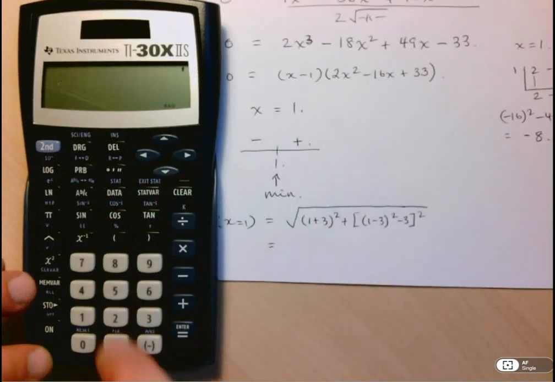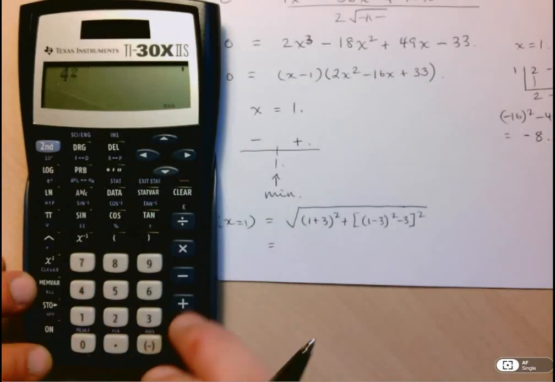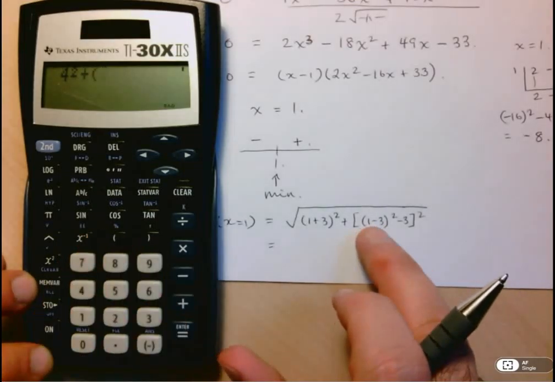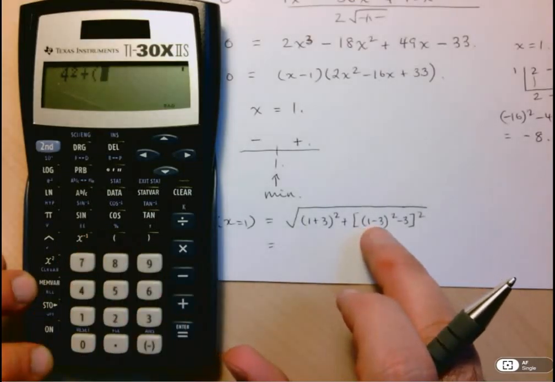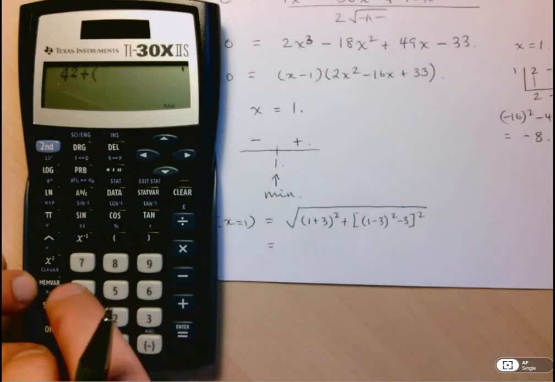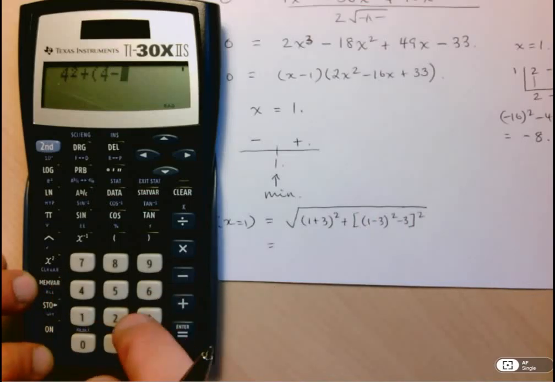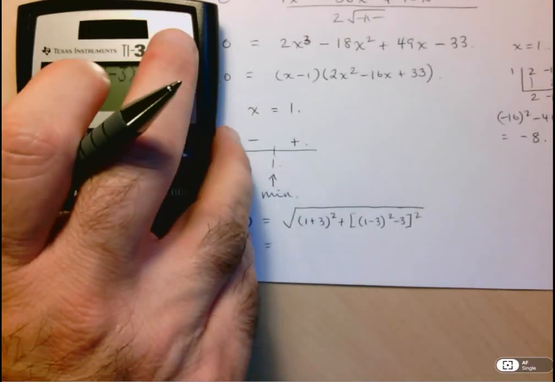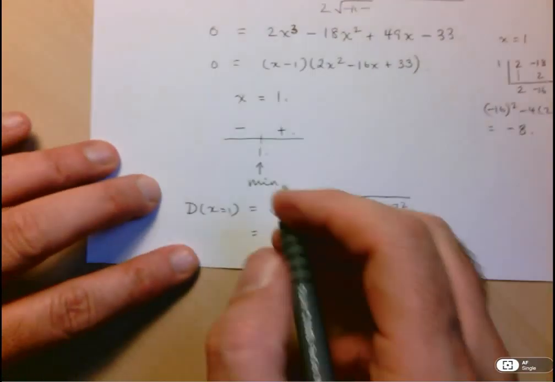So this is 1 plus 3, so 4 squared, plus 1 minus 3 is negative 2 squared, or just 2 squared. So 4 minus 3, and of course that's squared, but that'll just be 1, equals 17. So we have the square root of 17.